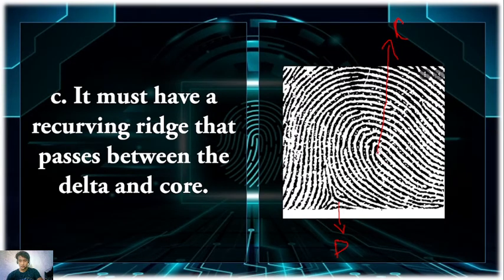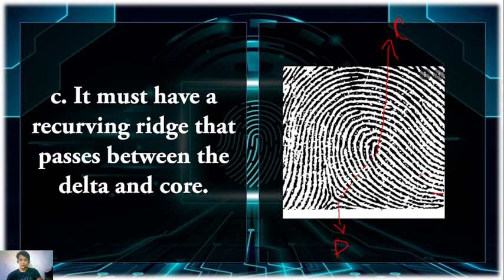So let's make an imaginary line here and try to find if there's a recurving ridge. A recurving ridge starts from one side and goes back towards the side where it originally started.